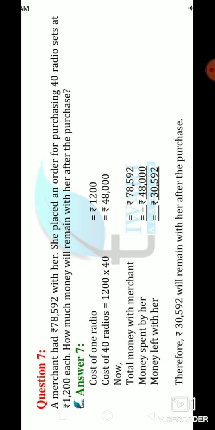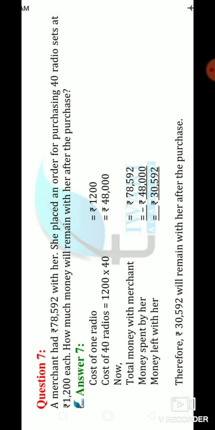Then you have to find out the cost of 40 radio sets. So write: cost of 40 radios is equal to 1200 multiplied with 40. Here the cost of each set is given.